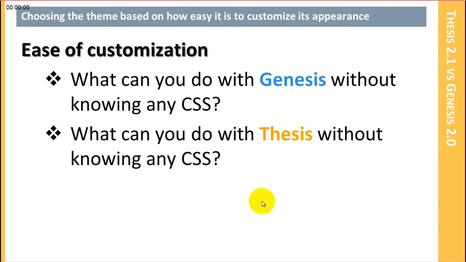And you can go from changing a simple set of colors and fonts to changing the widths of columns and the arrangement of columns to fairly significant changes in backgrounds and background images and that kind of stuff. There's a ton of customization that you can do in Thesis without knowing any CSS. But that is often dependent upon the skin.